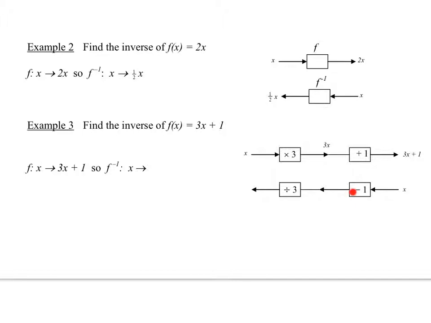If you do that, what you should get is x minus 1 divided by 3. We end up with this expression here. It's the x which has 1 subtracted from it, so it's x minus 1, and then we divide it by 3.